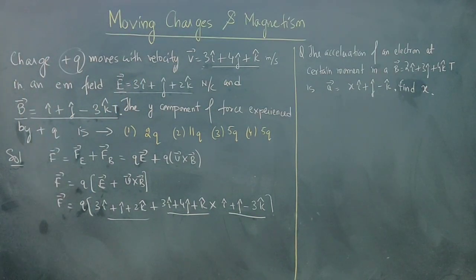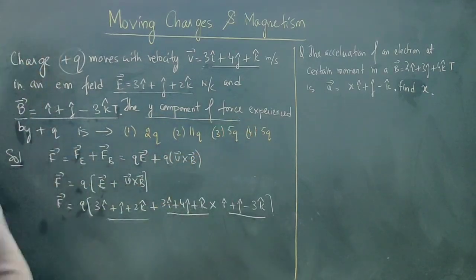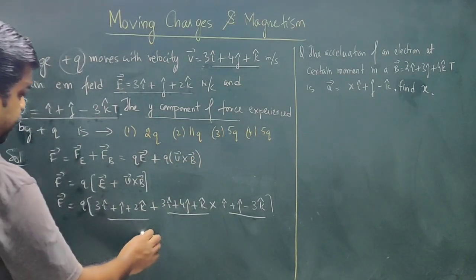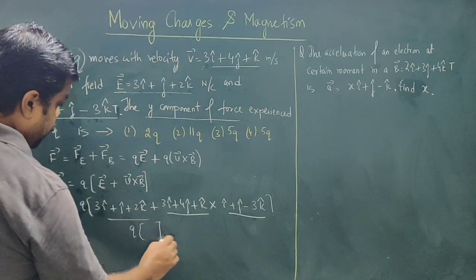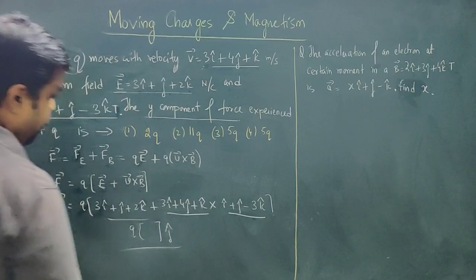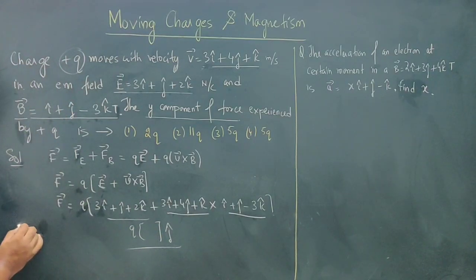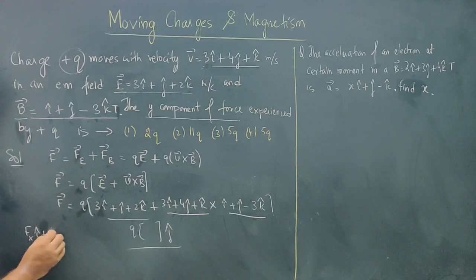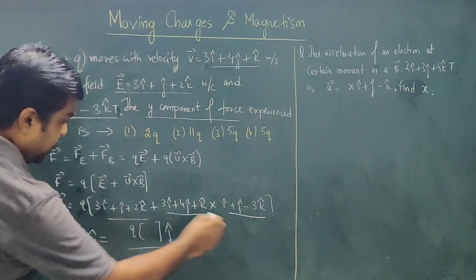Now here the question is you have to find the y component of force. So here you have to find the term that is q times the quantity with j cap, because that is the y component of force, because this force can be written as Fx i cap plus Fy j cap plus Fz k cap, and this is equal to this entire quantity.